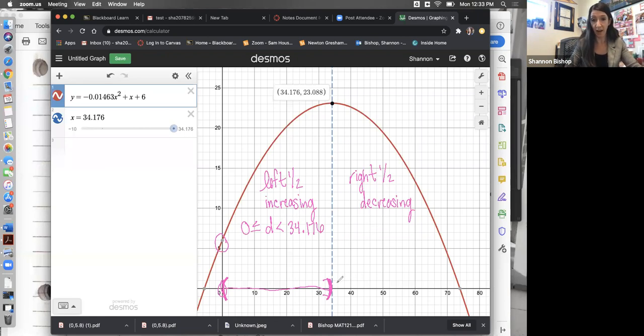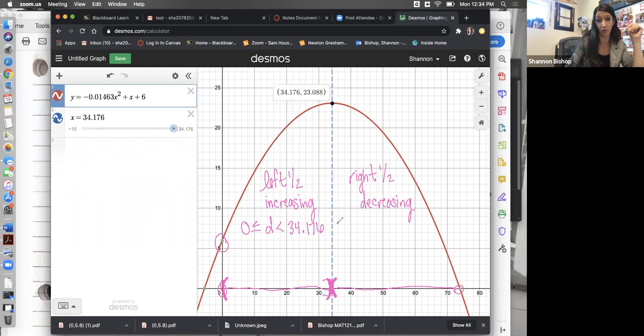And then for the right half, well, the right half picks up where the other one left off, so at 34, and then it continues all the way until you hit the x-intercept. For this particular problem, you'll stop at the x-intercept because once the shot put lands on the ground, we no longer care about keeping track of it.